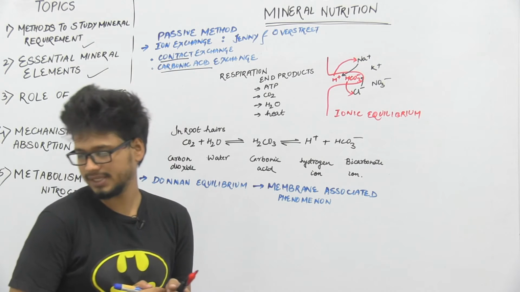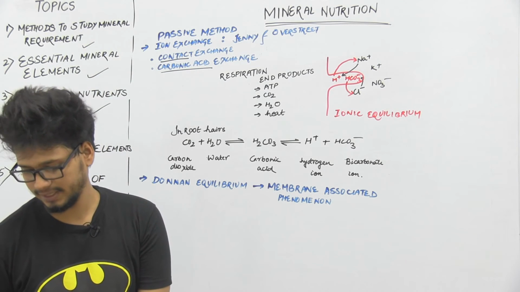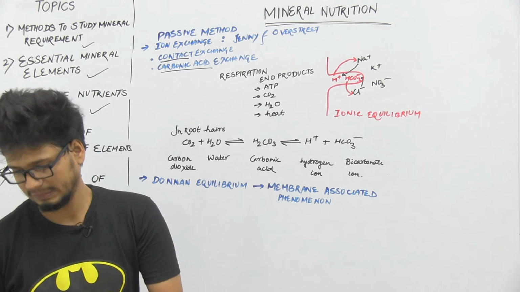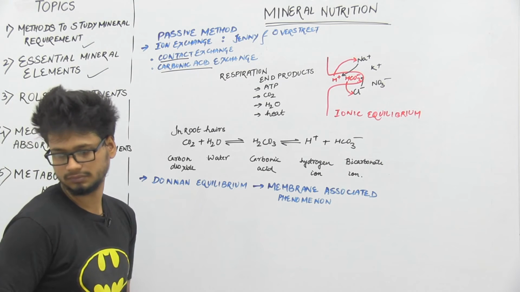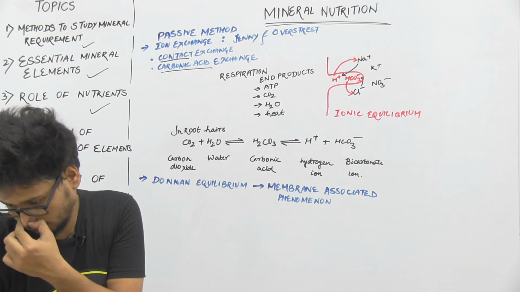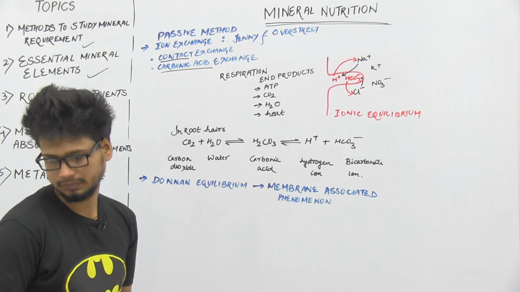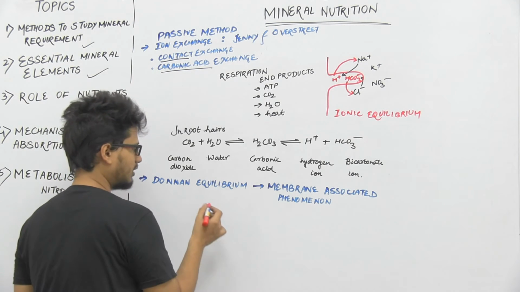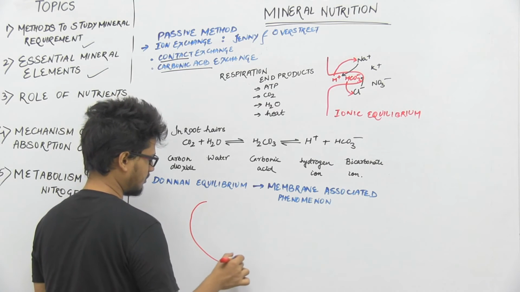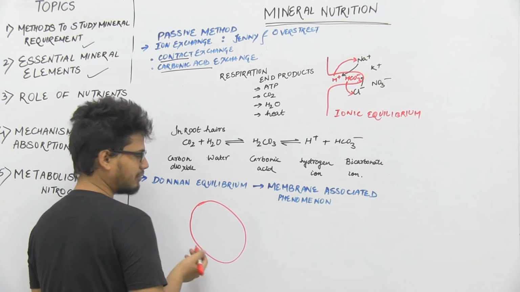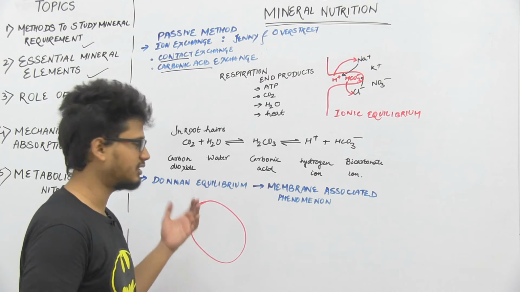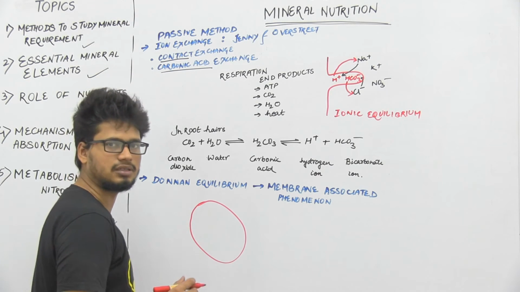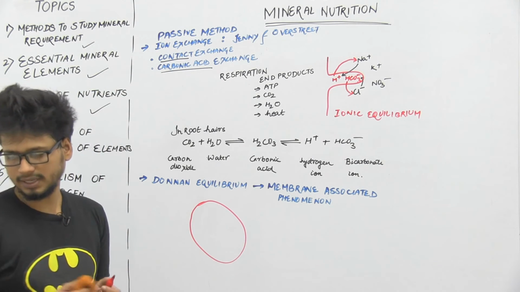So what happens in this is simple. According to this, we have, let's say, a plasma membrane that may be inside any cell, but since you are dealing with a plant here, the plasma membrane is that of a plant.